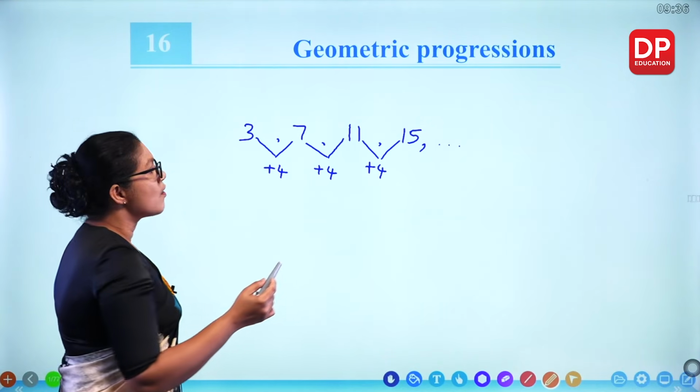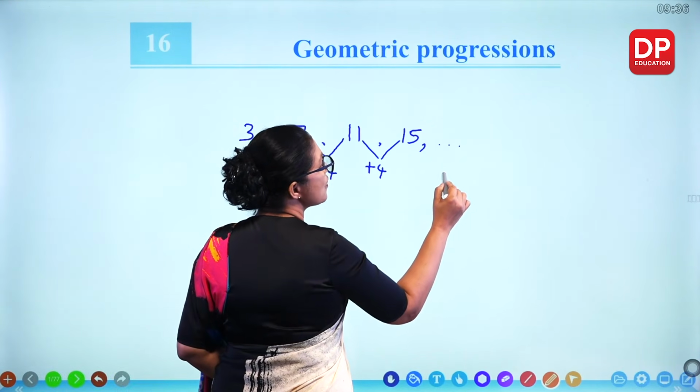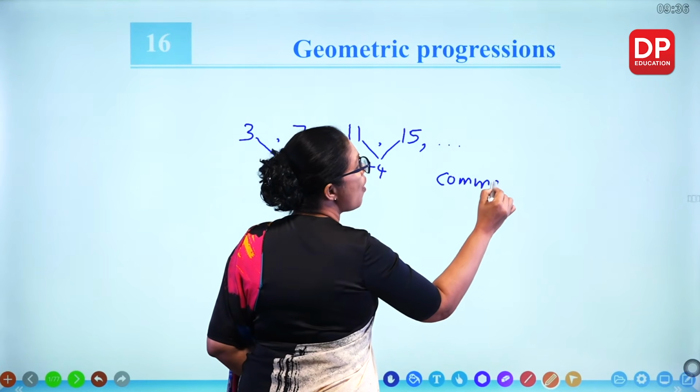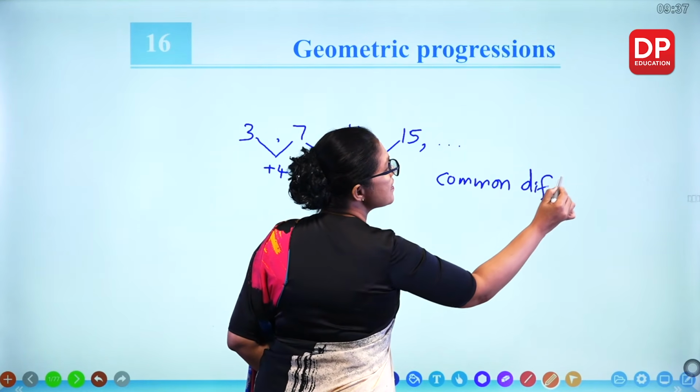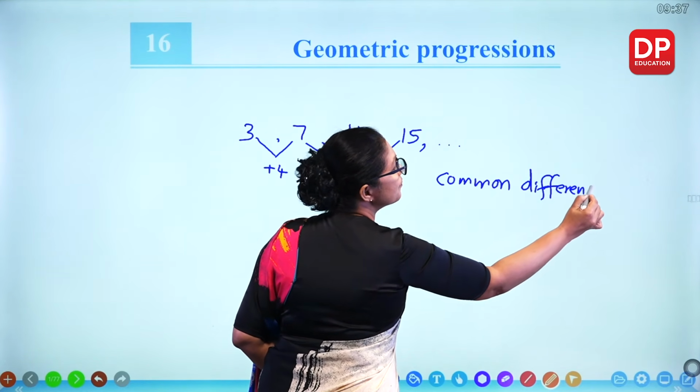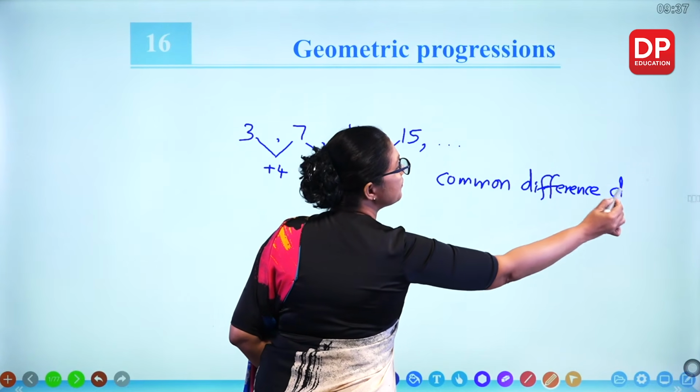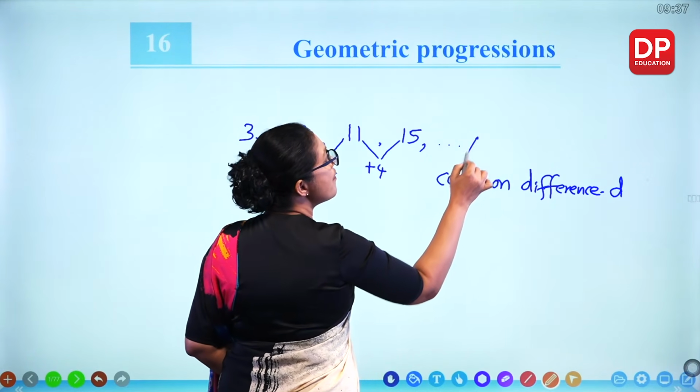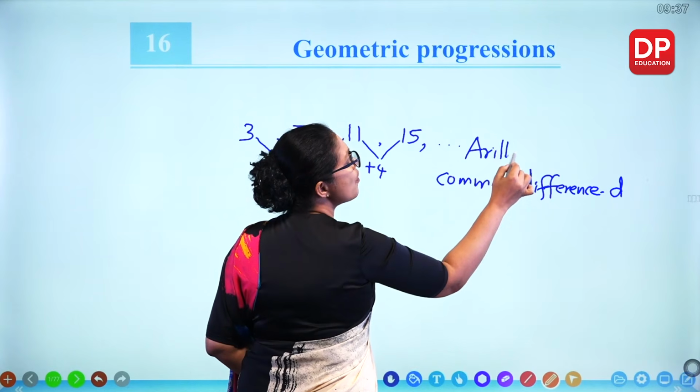That's a common difference. So we discussed before about the common difference, D, for arithmetic progression.